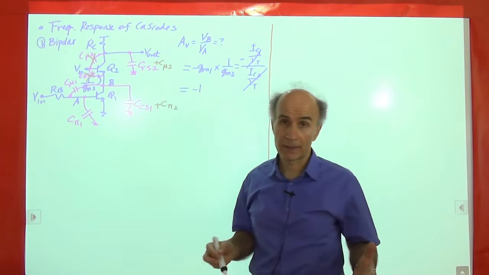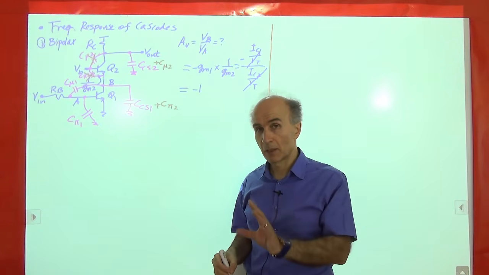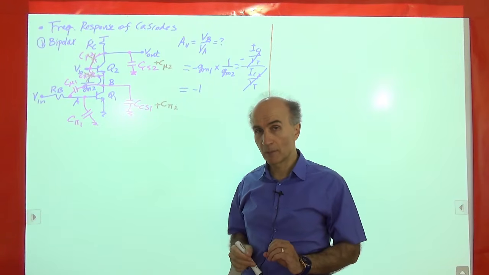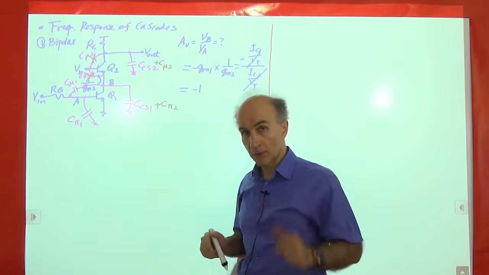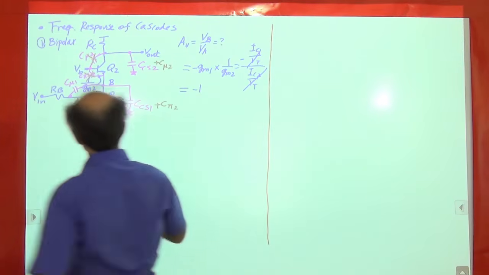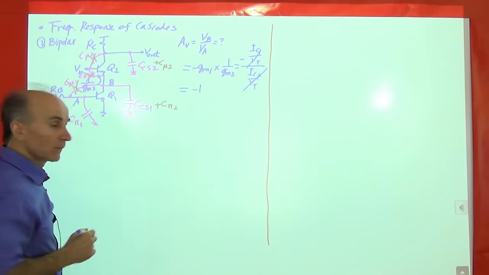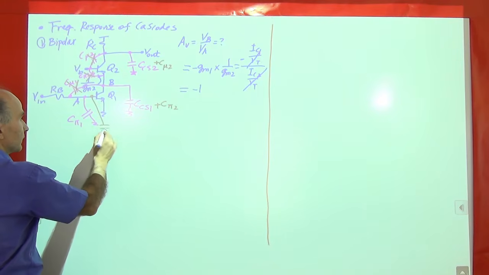As we saw in our examples before, C mu 1 does experience Miller multiplication. So we would like to decompose C mu 1 into 2 grounded capacitors. So let's do that. We can do that, right? So let's cross C mu 1 out and put it right here as a grounded capacitor.